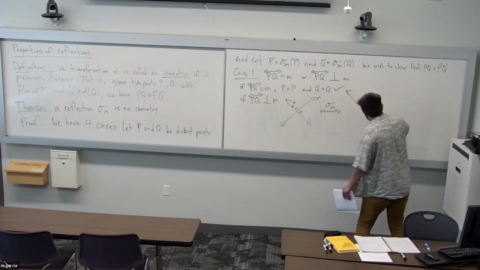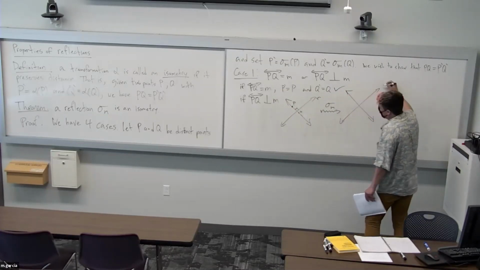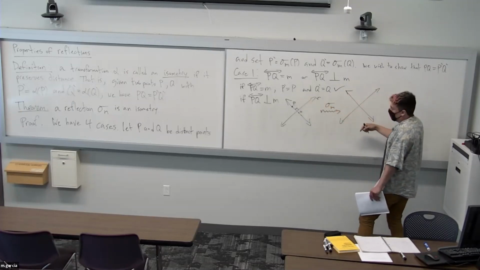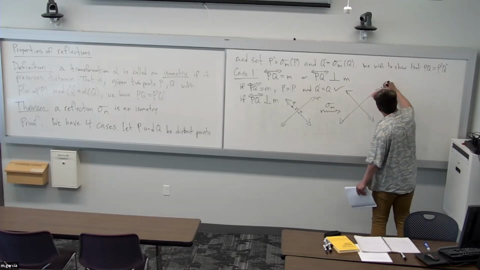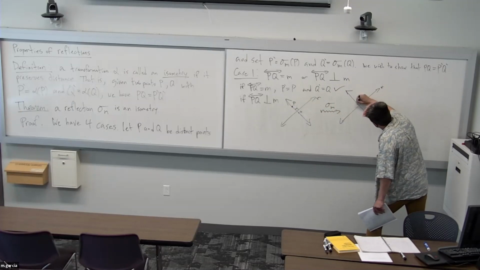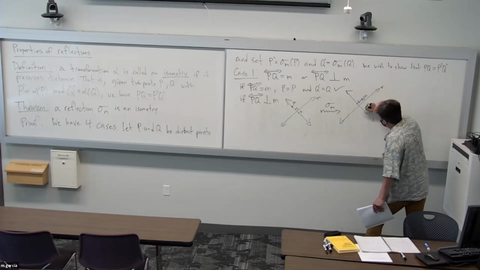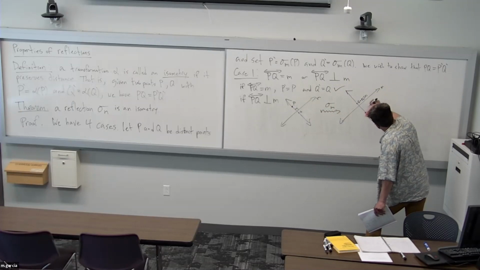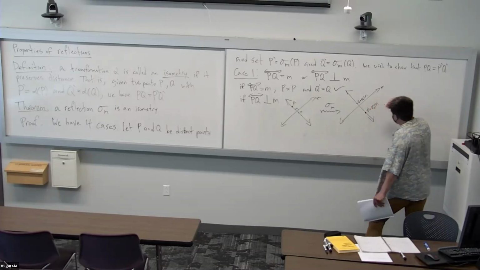Well, we know that sigma sub M fixes the line determined by P and Q. So Q will go somewhere on this line and P will go elsewhere on this line. Right? So this is M again. And so what we get is Q prime equal to sigma sub M of Q here, and then P prime equal to sigma sub M of P here.